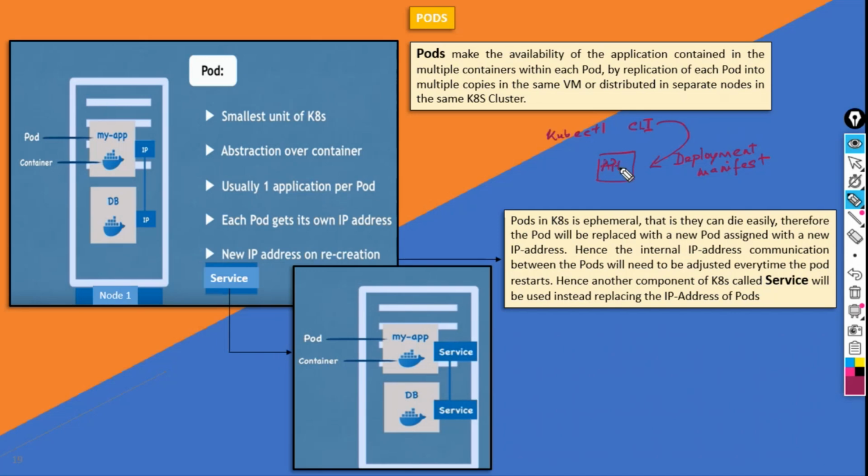You know that API server, the pod which is in the master plane. So the API server will execute the deployment manifest file through the kubectl command that you are giving.